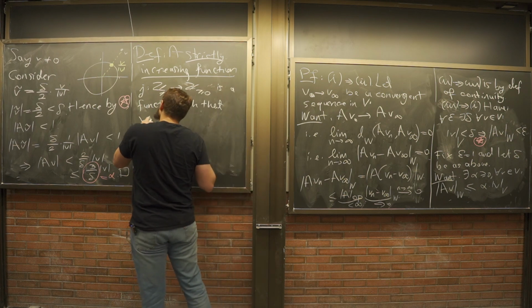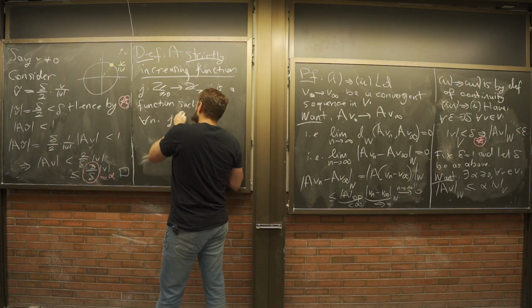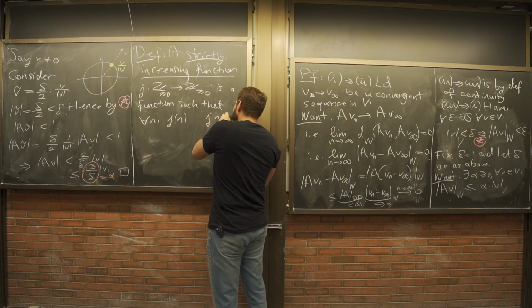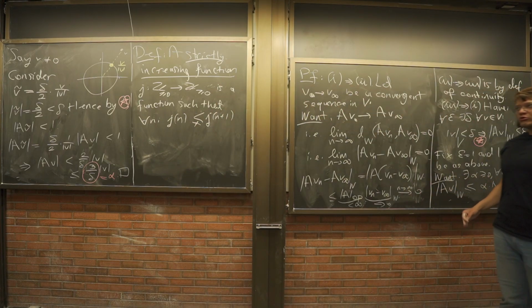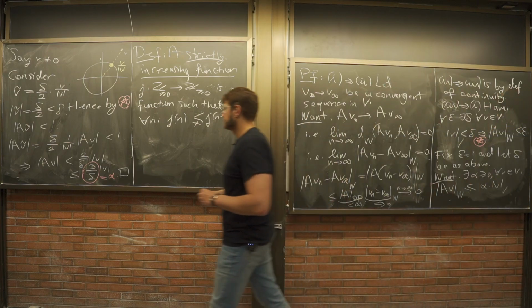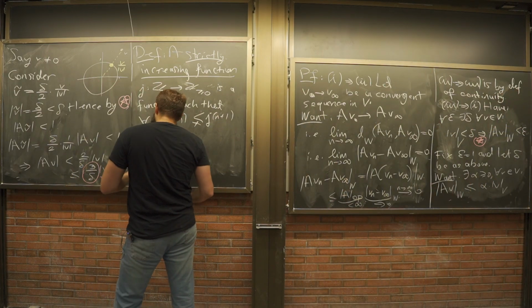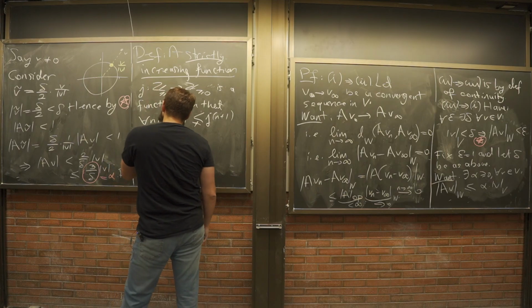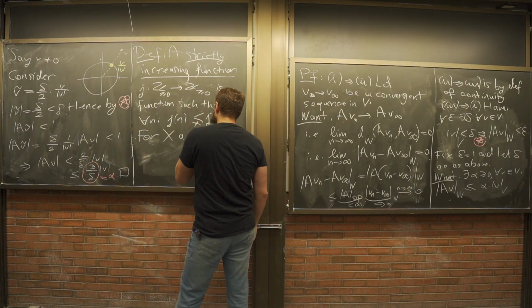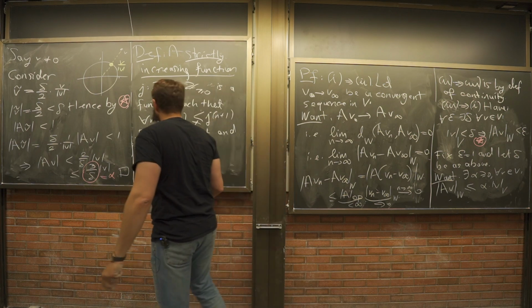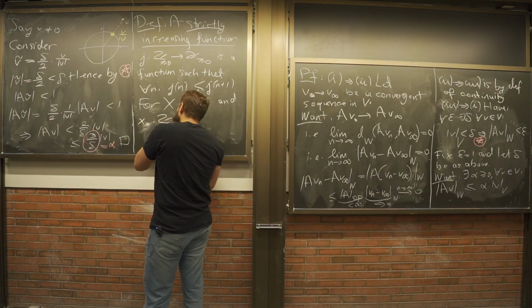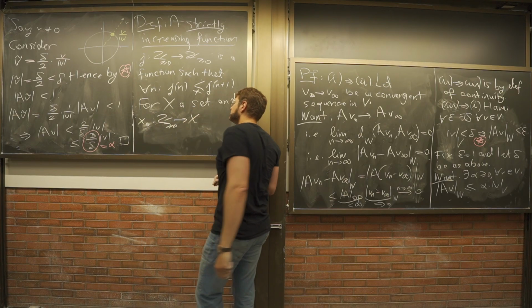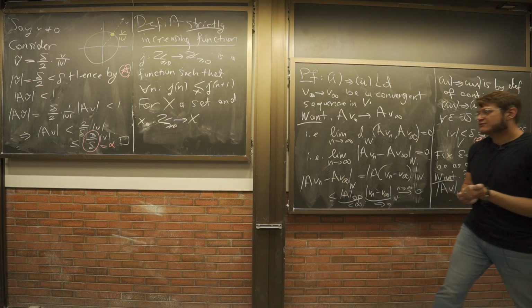for any n, if I were to compare j of n and j of n plus 1, well, this has to be strictly greater than the other one. So as time goes to positive infinity, j of n strictly increases. If this is the case, then we're going to say that for x a set and x bullet a sequence in x, let's write it like this explicitly. A function from non-negative integers to x is a sequence.